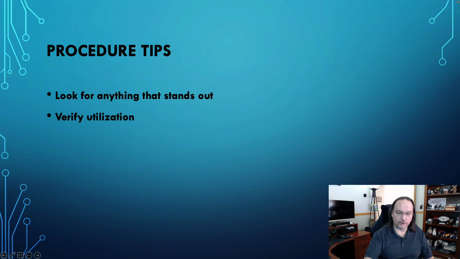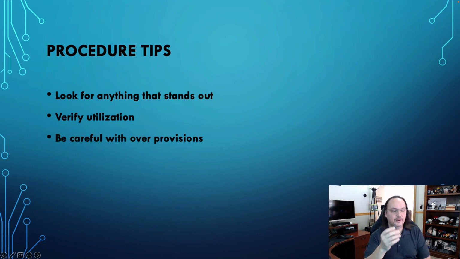You think you have a warning flag here, you flag it, you verify the utilization, and you can basically make the adjustments. Now, be careful. Don't shrink something down so much that it's not functional anymore. If you do that, you've gone the other way, and to be honest, you're going to get yourself in trouble that way.